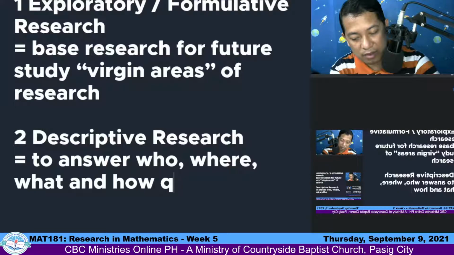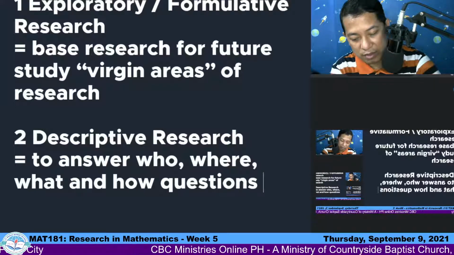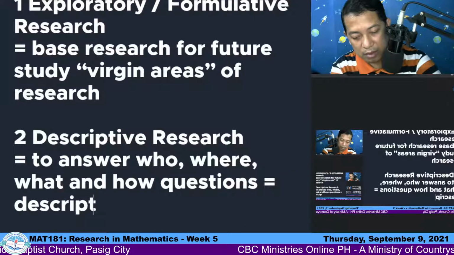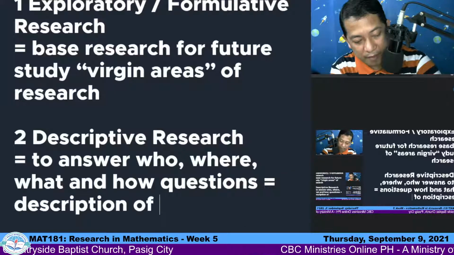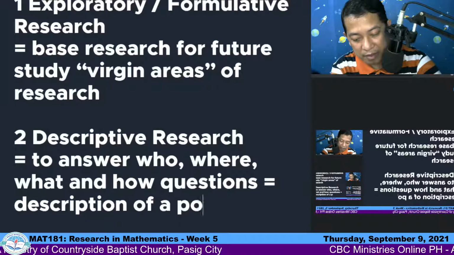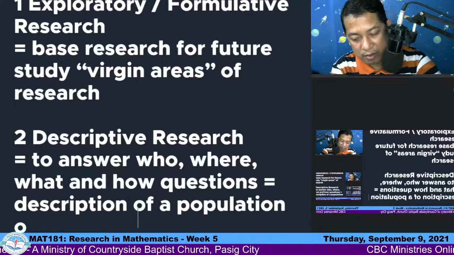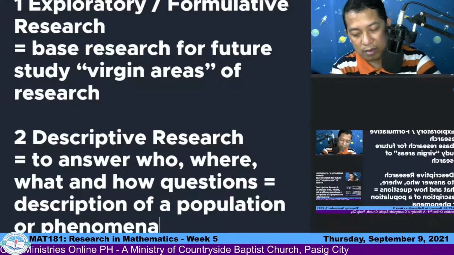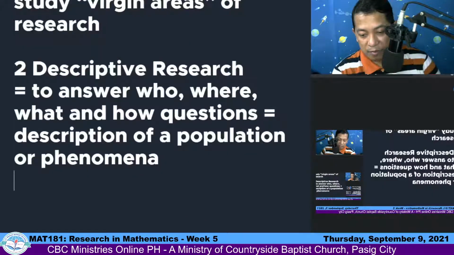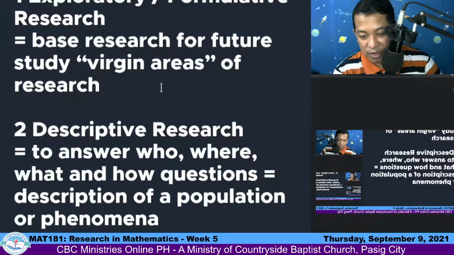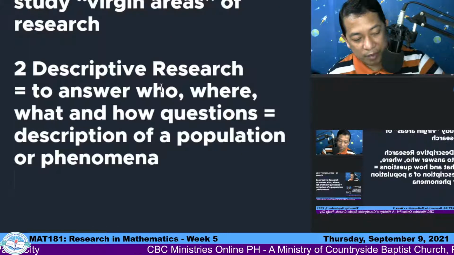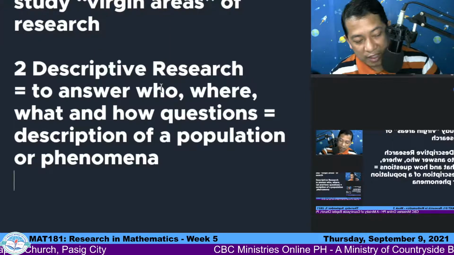So that is actually a description of a population or phenomena. Yan. So yan ang descriptive research, mga kapatid. Alright? So this is according to research purposes. And then we have explanatory research. That's the third one.